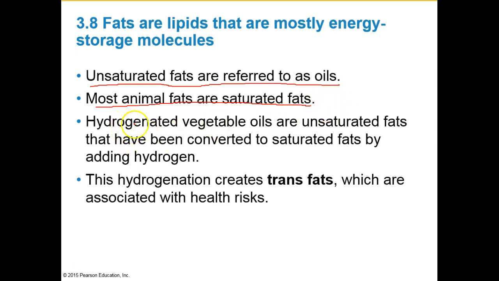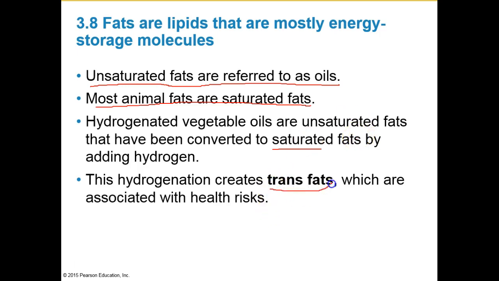But you can hydrogenate, which means add hydrogen to vegetable oils, and it converts them to saturated fat. But it creates these other things which are called trans fats, which just aren't natural. There's a structure to it, and we won't get into that, but it creates a health risk.